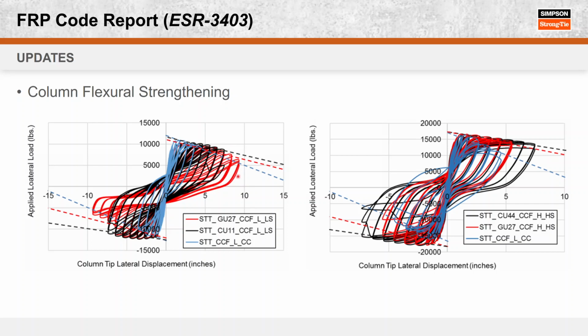So by adding the FRP, you're able to increase the ductility, the distance of deformation, by a factor of about 2 times or up to 3 times. Good summary.